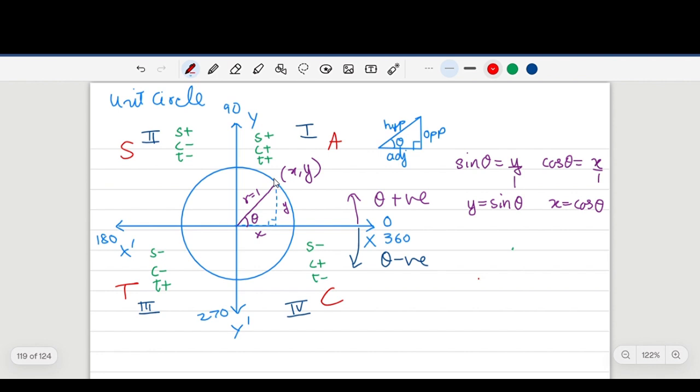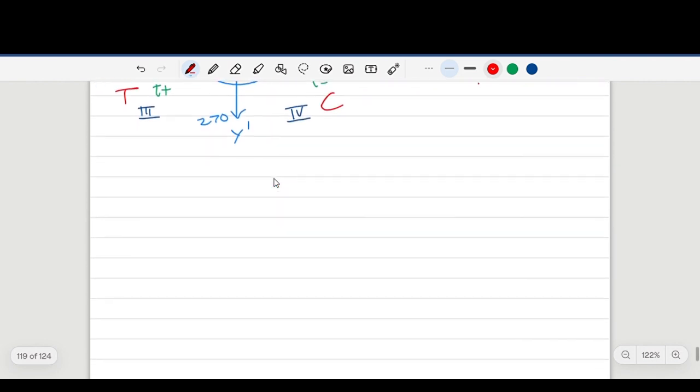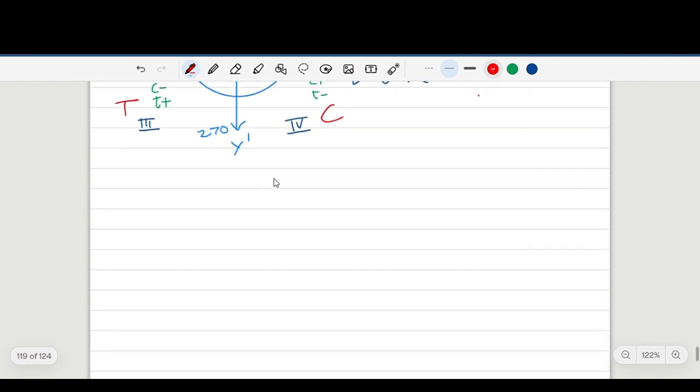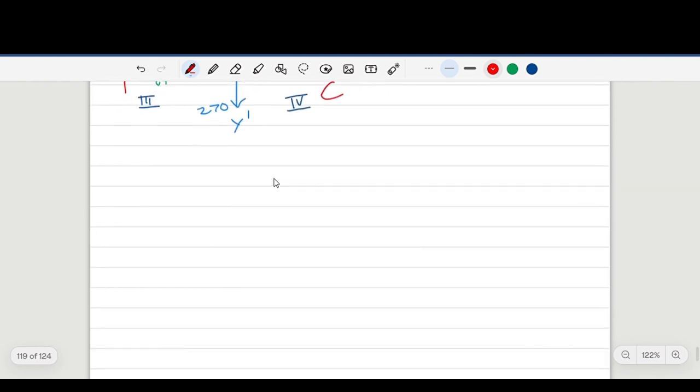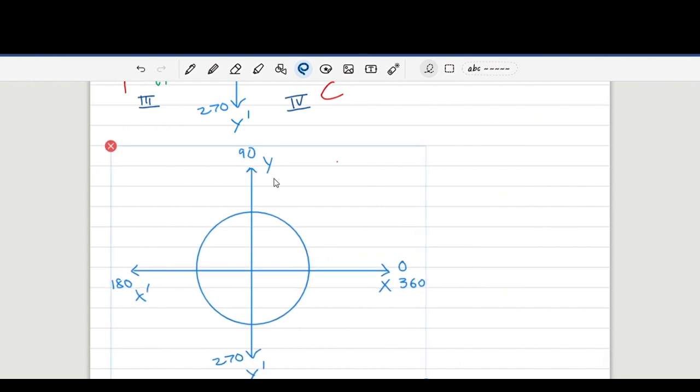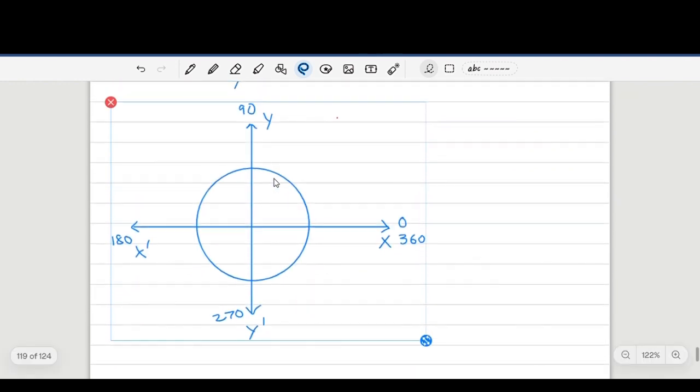Okay, next part. Next we're gonna talk about how to calculate the angle in every quadrant. As we have already discussed, wherever there's sine theta, the y values go with sine, and the x values go with cos.